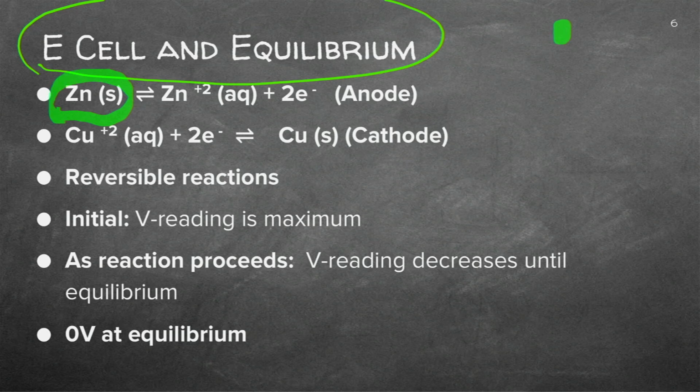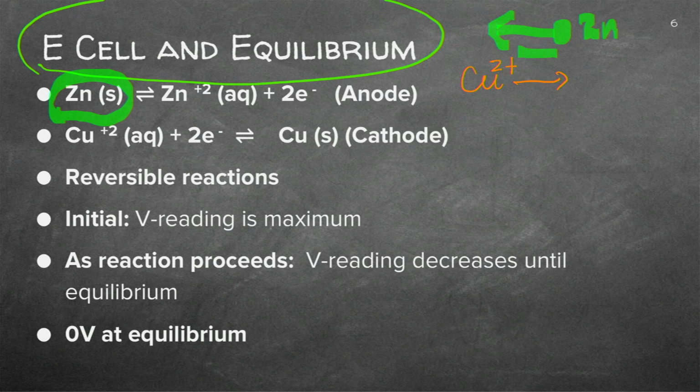Remember, the stronger reducing agent will be zinc, and it's now reacting with the copper ions, which is the stronger oxidizing agent. That we've done in a previous lesson, and if you've forgotten that, go and have a look at that lesson. Now, if that is happening, it's actually reversible reactions.